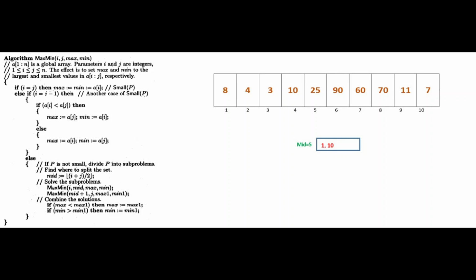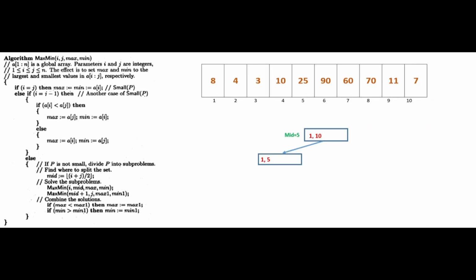So i is equal to 1, mid is equal to 5. We go to the left subtree with parameters 1 and 5. Now we are in the second recursive call, second program, second algorithm, with values i is equal to 1 and j is equal to 5.